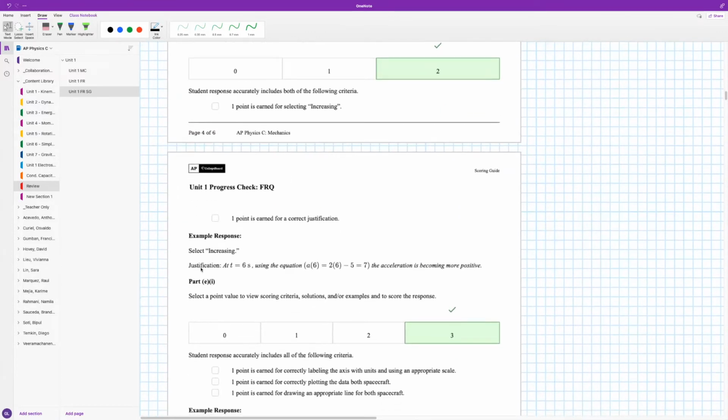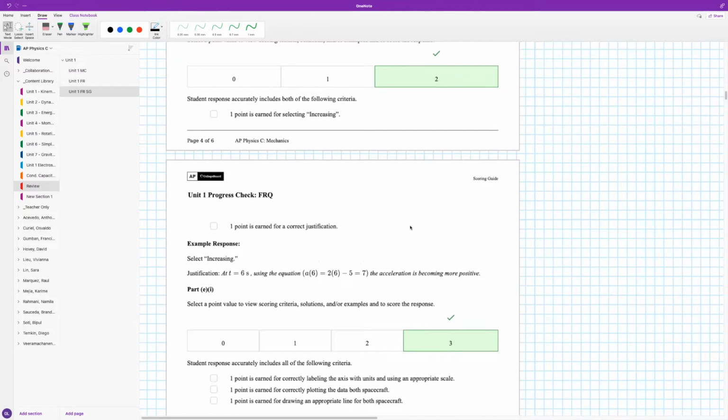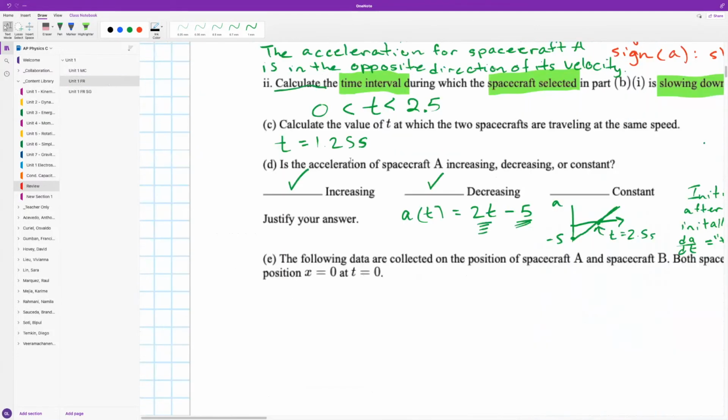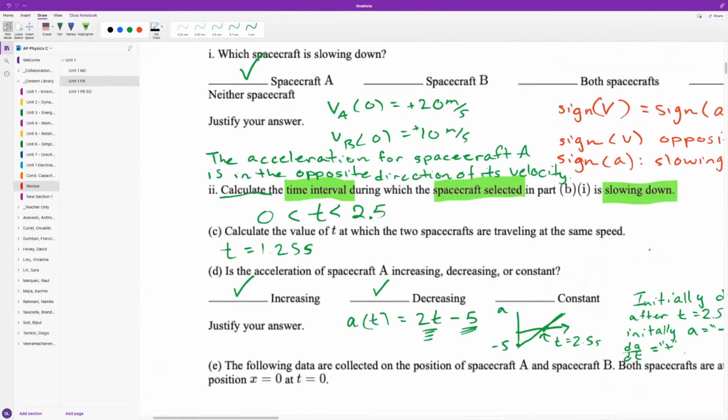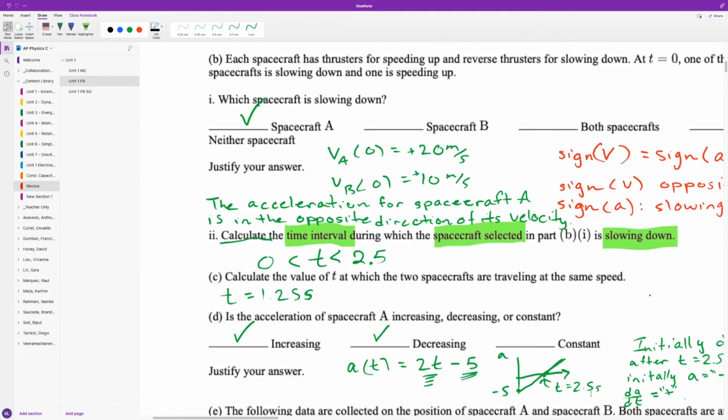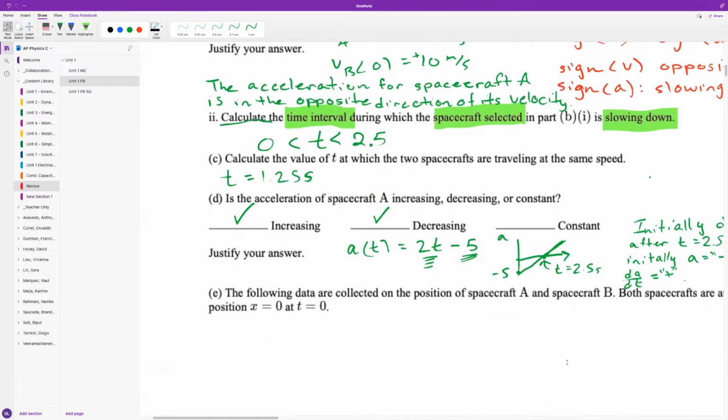Okay, so let's see here. Justification at t equals 6 seconds, using the equation, the acceleration is becoming more positive. Interesting. Okay, maybe I must have misread the question. Let's go back. I don't know. I mean, I see that after 6 seconds, definitely. I think we agree after 2.5 seconds, it is increasing.